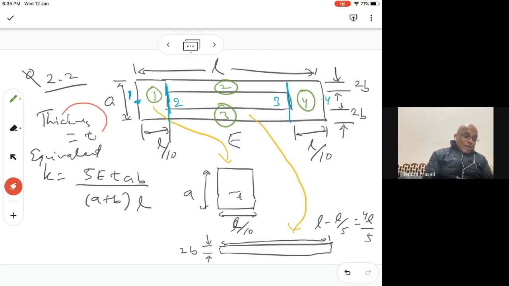Now it says equivalent, so we have to find the equivalent stiffness. Equivalent stiffness means we simply give a unit displacement here, and we find what force is needed to do it. This will be the equivalent stiffness. We fix one end and apply a force.